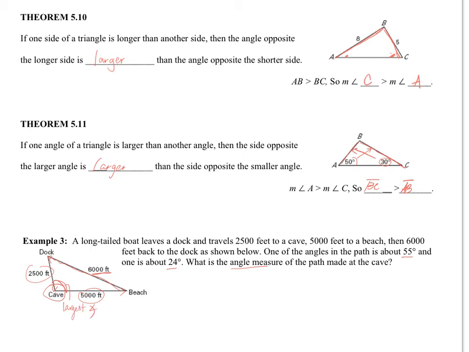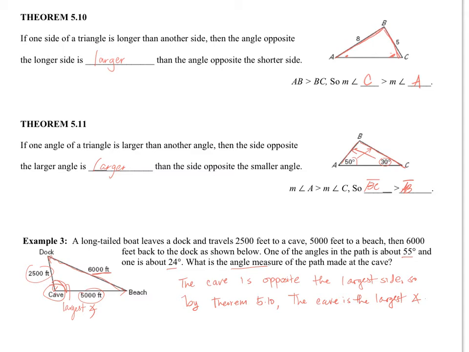So I can write the cave is opposite the largest side. So by theorem 5.10, the cave has the largest angle.